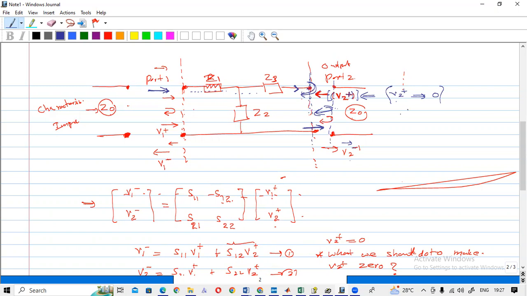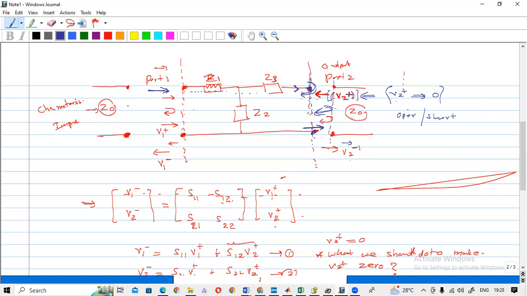You don't need to open or short circuit. If you open or short circuit this, it will not happen. So you have to terminate this line with the correct impedance.